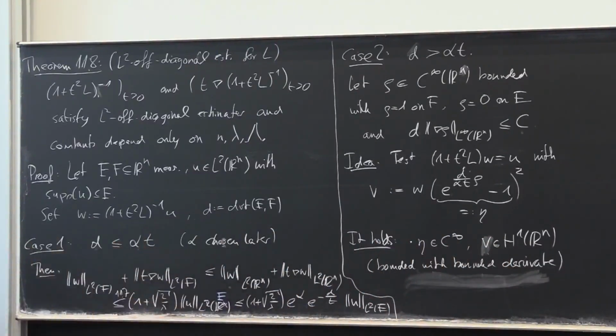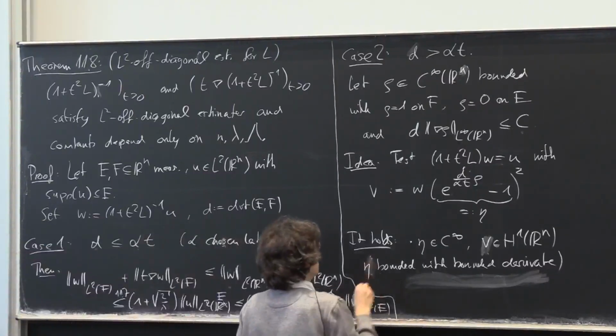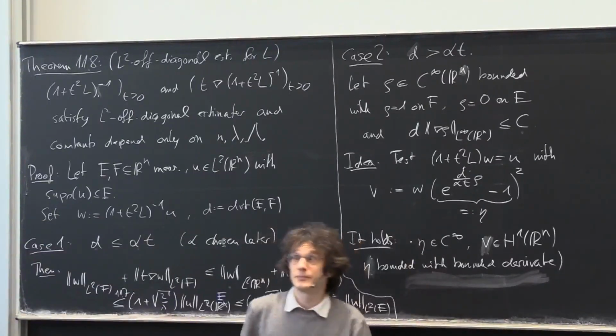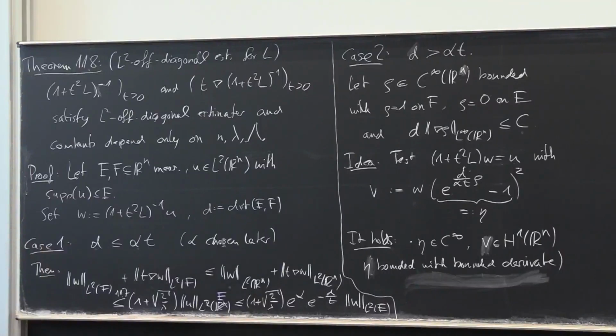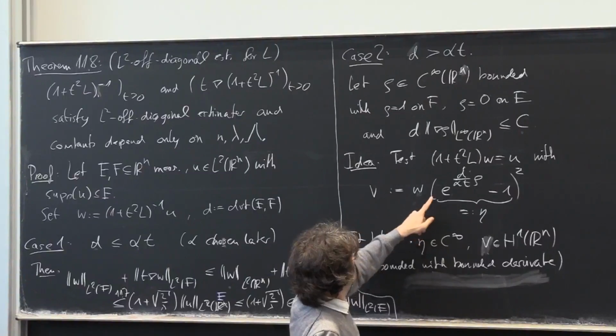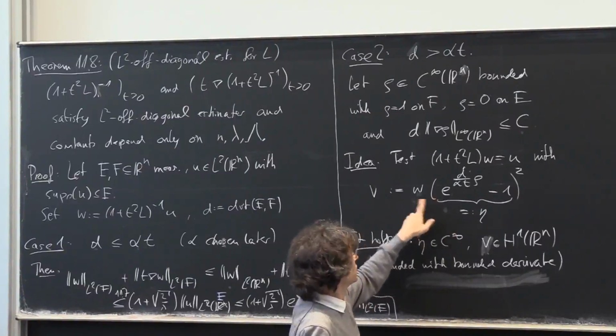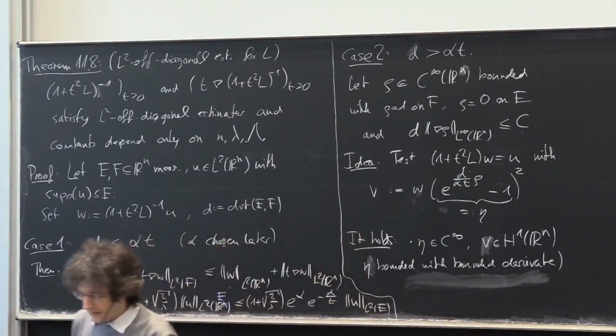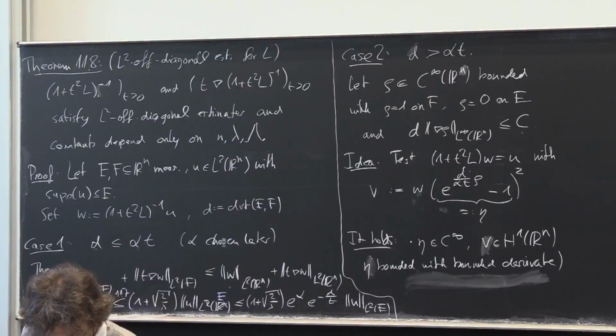V is in H1, and then it makes sense, because eta is bounded with bounded derivative, and W is in H1. W is in the domain of the operator, so it's in H1. This is bounded with bounded derivative, so the product is in H1. That was the important point.